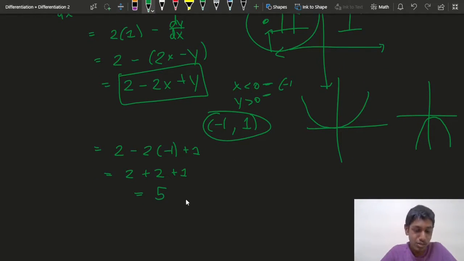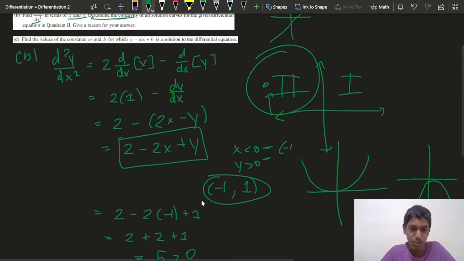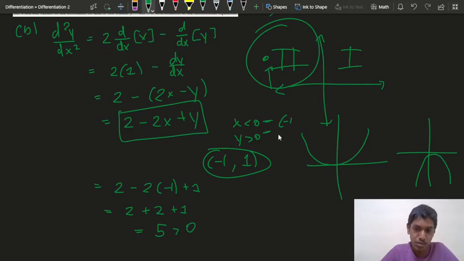Now the value that we got here isn't super important. It's that it's greater than 0. That's what's important. In general, if you have any x value that's less than 0, you're going to have 2 minus 2 times some negative number. The minuses are always going to cancel out, so to speak, and you'll get 2 plus 2 times some sort of positive number. So this expression is definitely greater than 0.